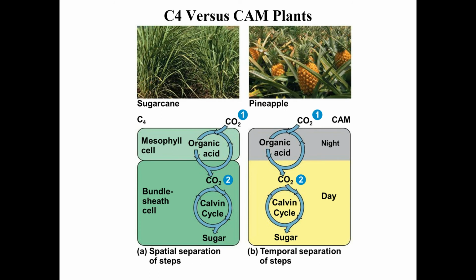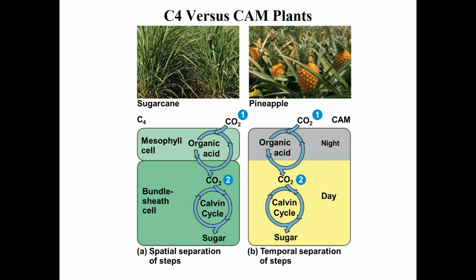So this is a nice little comparison for C4 and CAM plants. In our C4 plants, CO2 is fixed into an organic molecule in the mesophyll cell. It's transported into the bundle sheath cell, CO2 is released, it enters the Calvin cycle, and you get sugar. So there's a spatial separation between where CO2 enters the cell and where it is then used for the Calvin cycle.